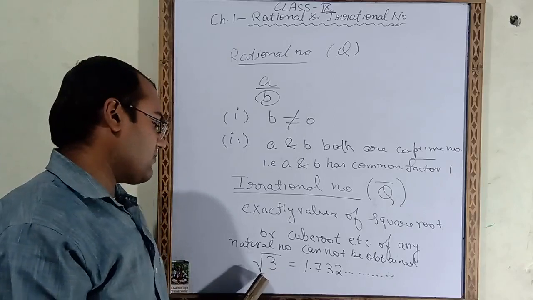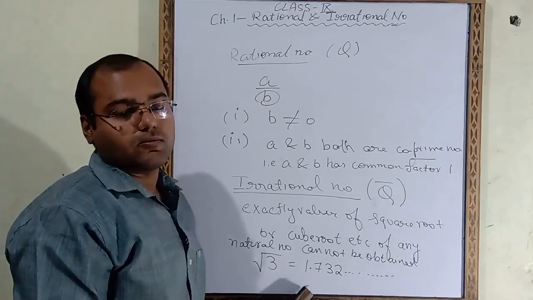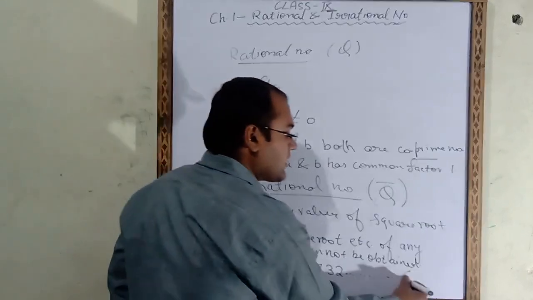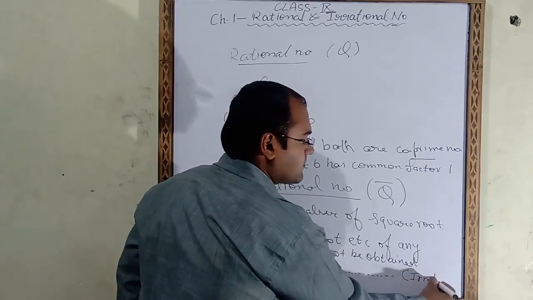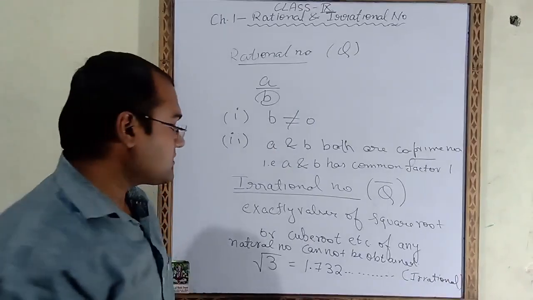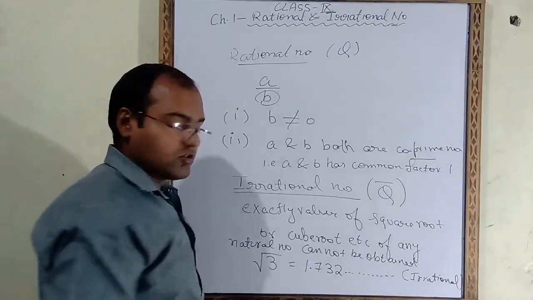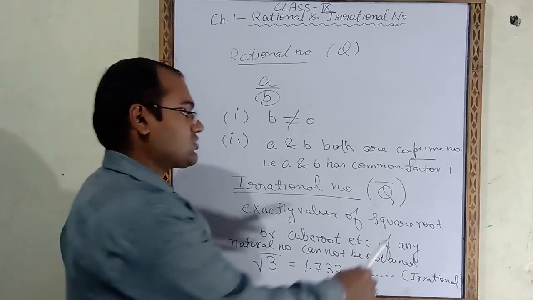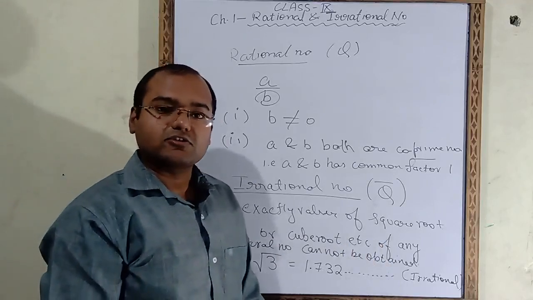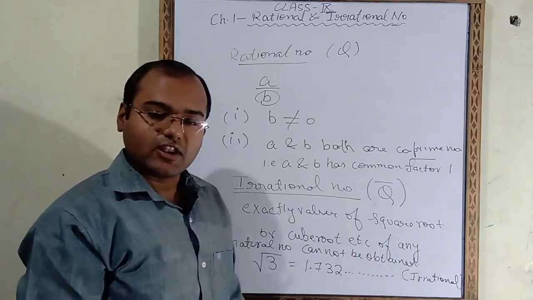That means the exact value of the square root of 3 we will not be able to find. That's why the square root of 3 is called an irrational number. So irrational numbers are those whose square root and cube root value cannot be obtained.